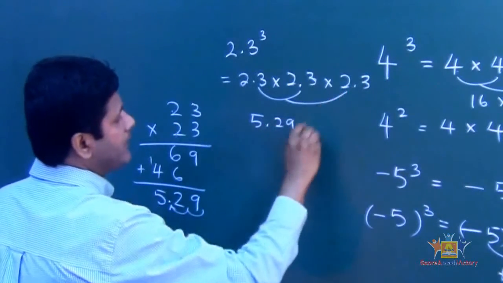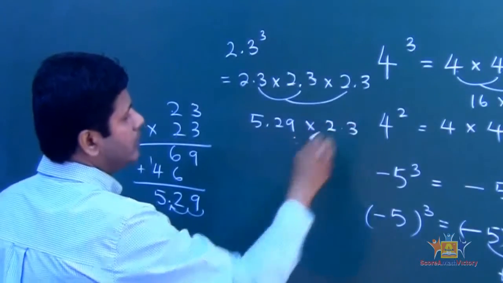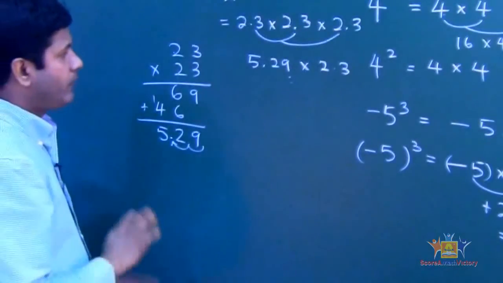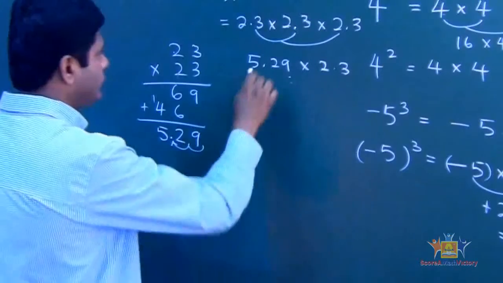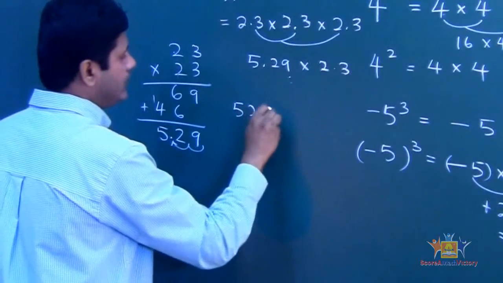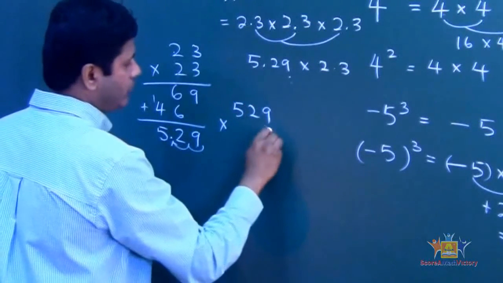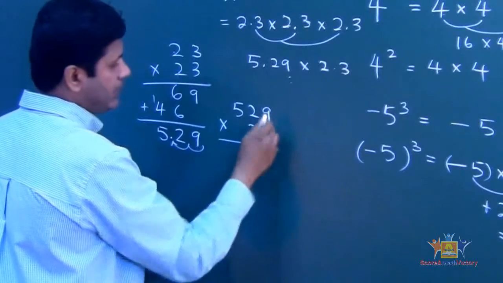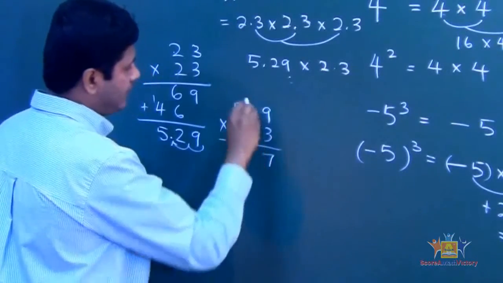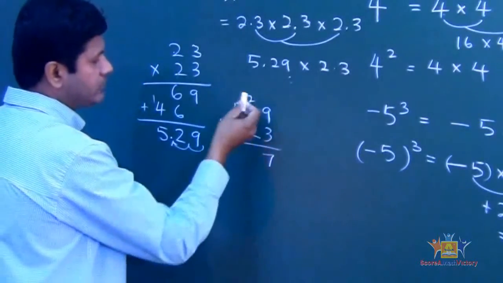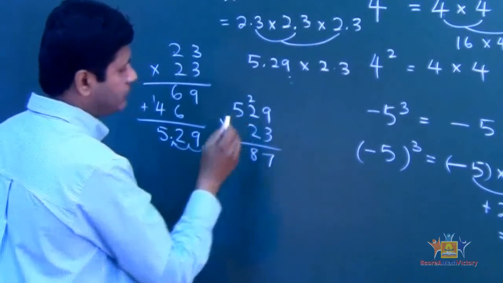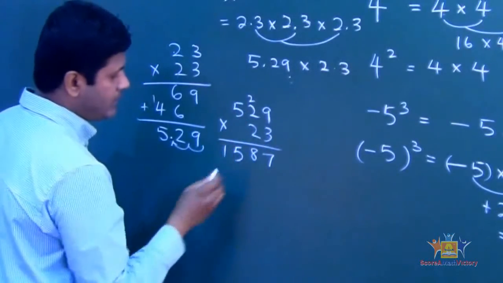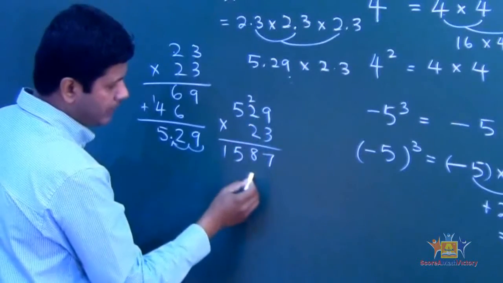So you get 5.29. Now we're going to multiply that with 2.3. Again, forget the decimal now, remember later. So we take 529 and multiply it by 23. Line it up. 3 times 9 is 27, 7 carry 2. 3 times 2 is 6, plus 2 is 8. 3 times 5 is 15, 5, 1. Now I'm going to do the 2, say place value.